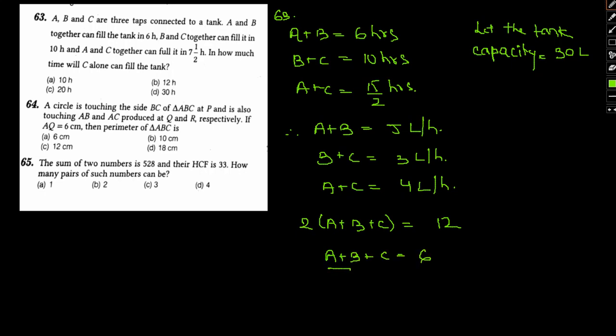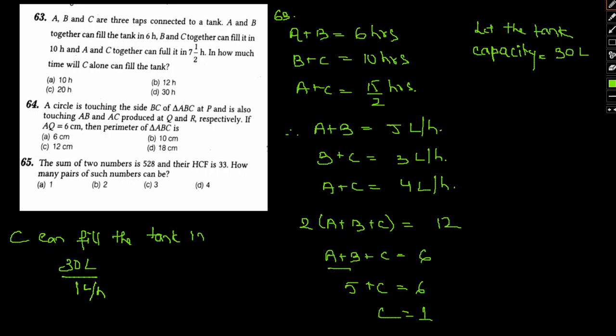A plus B we know is 5, so 5 plus C equals 6, therefore C equals 1. So C can fill the tank in 30 liters by 1 liter per hour, liters cancel, equal to 30 hours, which is our answer, option D. I hope it is clear how we came about the solution.